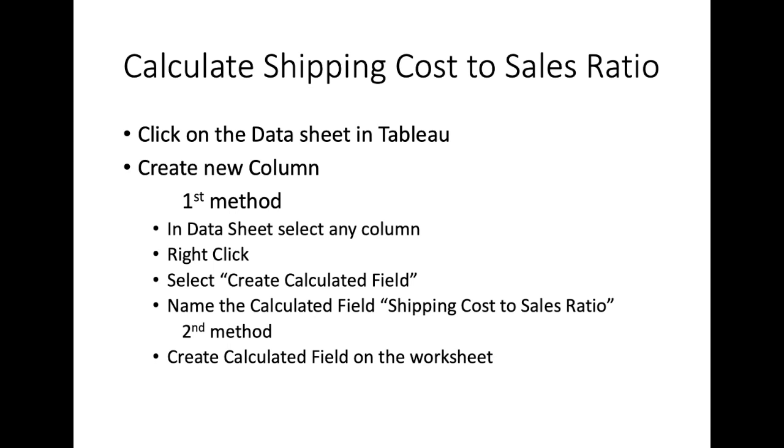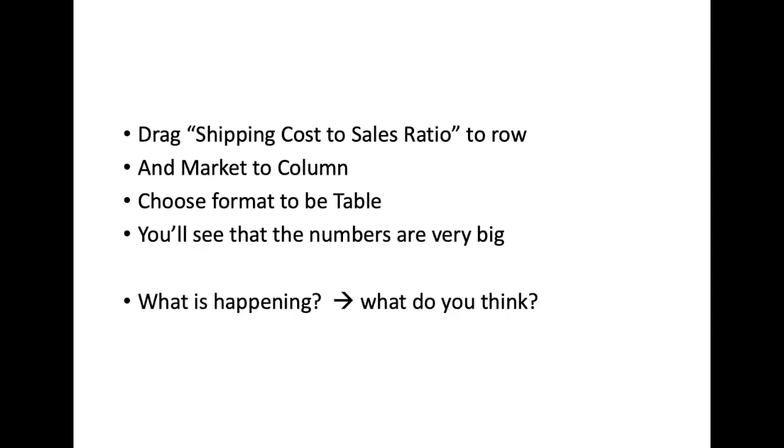And just a revision, we can create a calculated field by clicking any column and then right click and select create calculated field. Then name the field shipping cost to sales ratio. Or we can just create a calculated field on the worksheet.